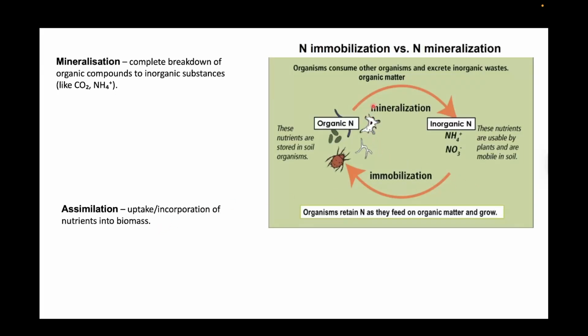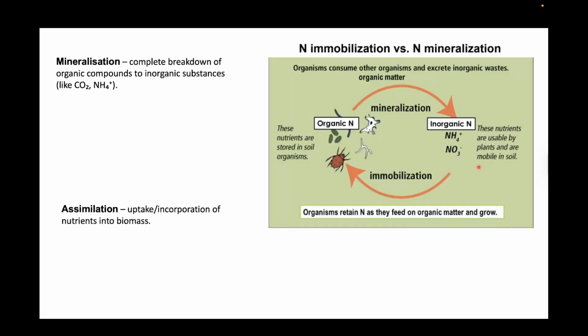So an example of mineralization versus immobilization: organisms present in the soil, like some bugs and microbes, consume other organisms and excrete inorganic wastes and organic matter, which forms the pool of organic nitrogen, which undergoes mineralization to give us inorganic sources of nitrogen like ammonia and nitrates. These nutrients are usable by plants and are mobile in the soil.